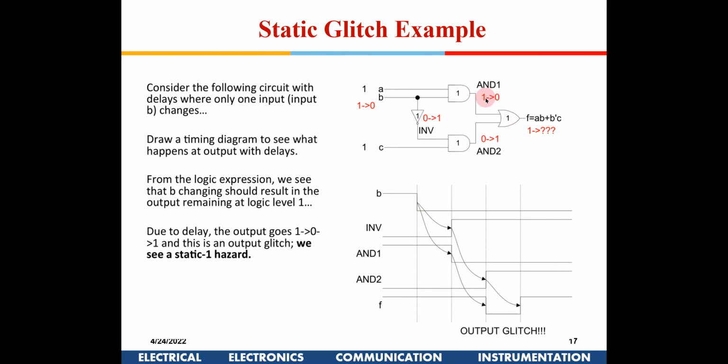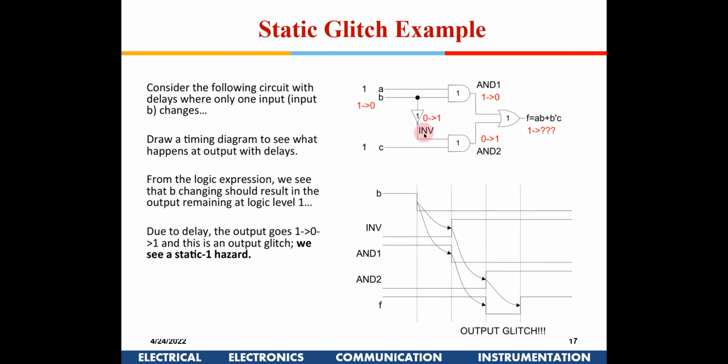What about this AND 1? This vertical separation is the propagation delay of the gates. Now if you see here, B is making a transition at this particular point, and this inverter output is making a transition from 0 to 1 after one propagation delay.